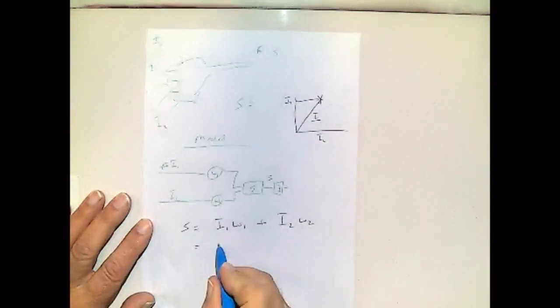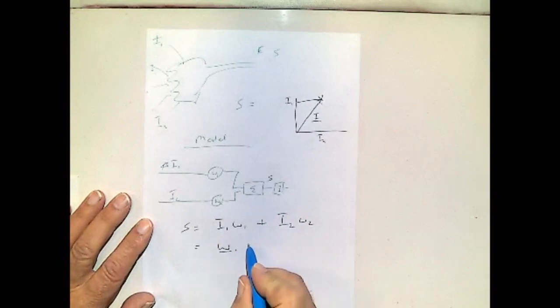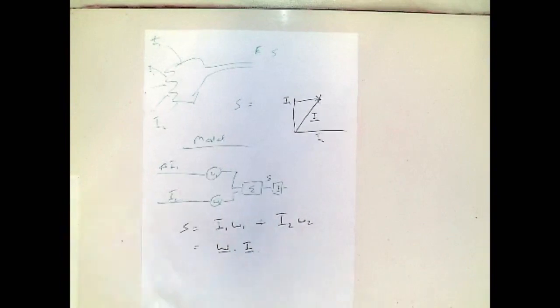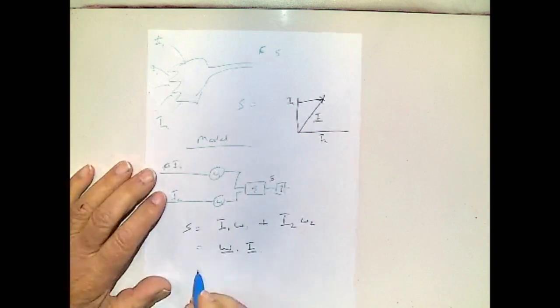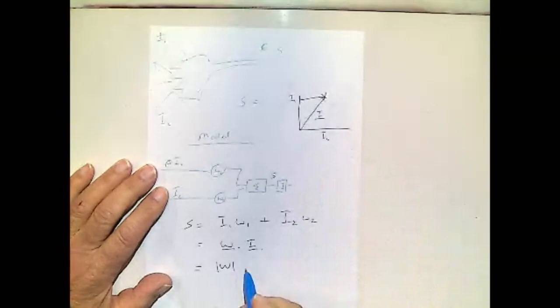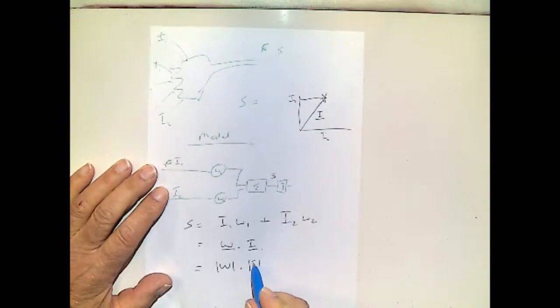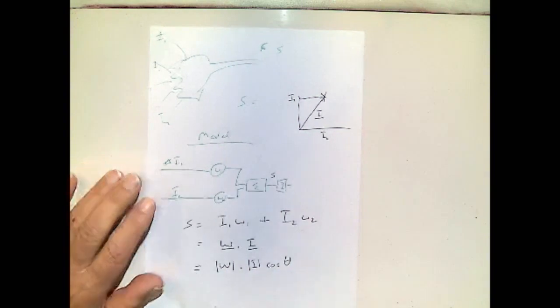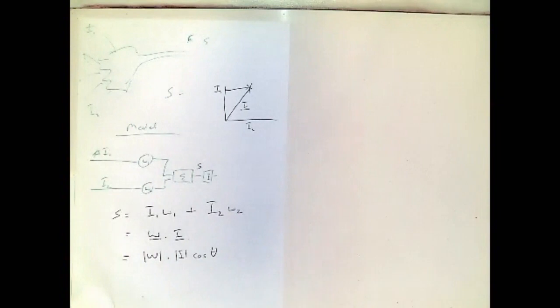So what this is equal to is the scalar product of the vector W with the vector I. Also, we know mathematically, in two dimensions, we can see what's going on, that this also has an alternative arrangement, and that is equal to the mod of the vector W, which is the length of the vector line, times mod I, the input pattern, times cos theta. And we can draw that in two dimensions.